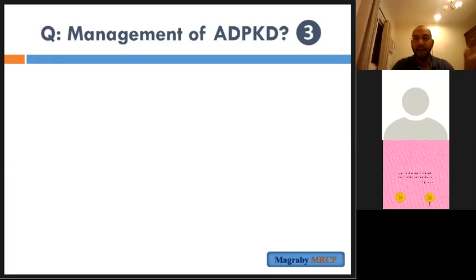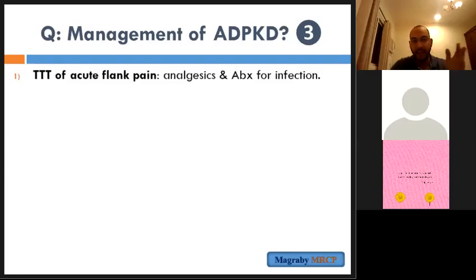So if the patient comes with flank or loin pain, he needs to receive analgesia, and if there is infection, give the patient antibiotics. Number two, the patient with polycystic kidney disease can be treated as any patient with chronic kidney disease.